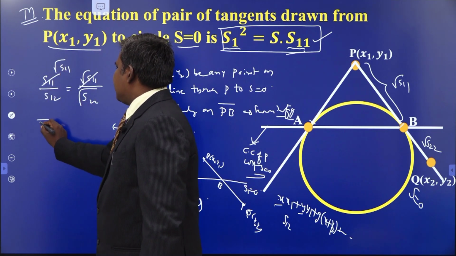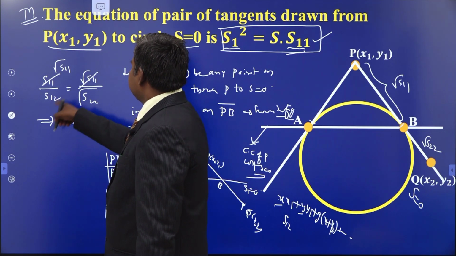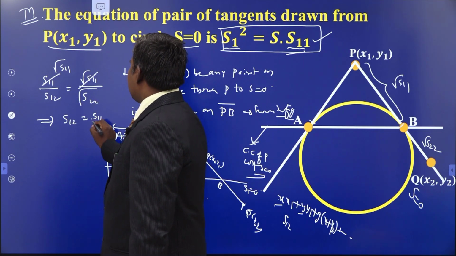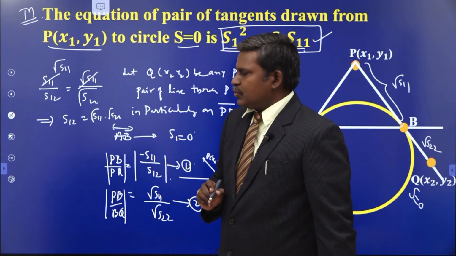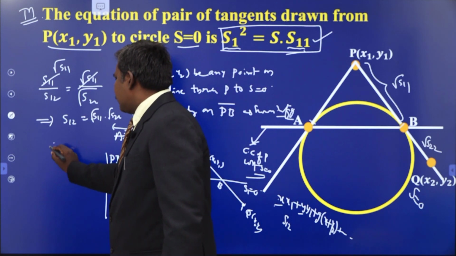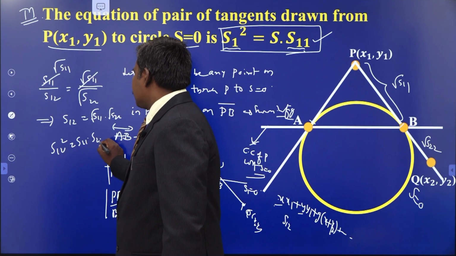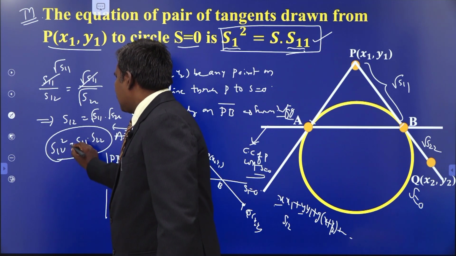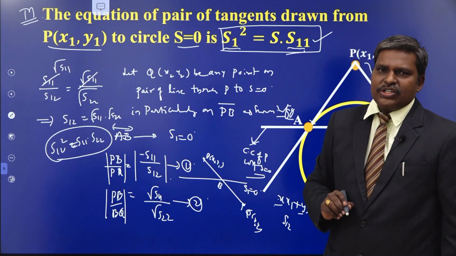You just cross multiply, and what you have is S12 = root S11 into root S22. You just square on both sides, and what you have is S12 squared = S11 into S22. You have the condition: S12 squared = S11 into S22.